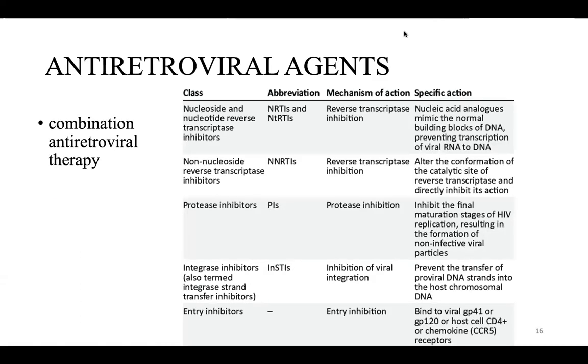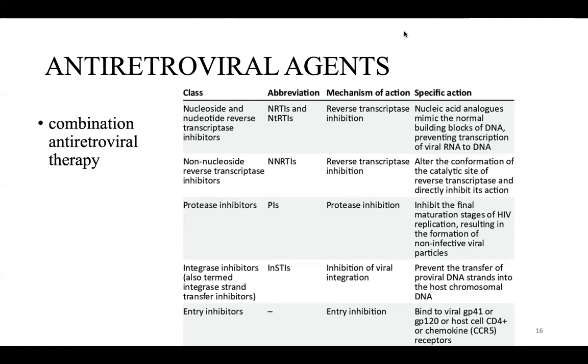Next group of drugs, antiretroviral agents. Substantial advances have been made in antiretroviral therapy since the introduction of the first agent, zidovudine, in 1987.